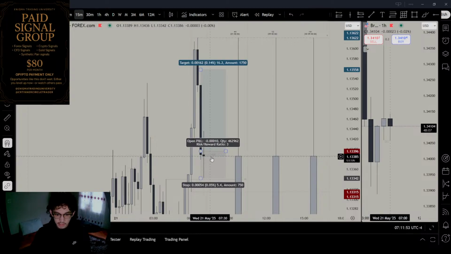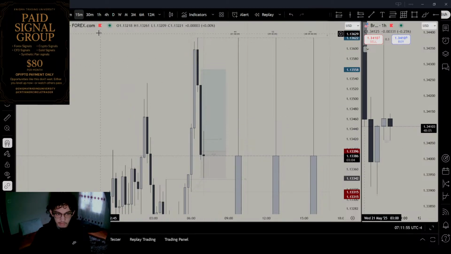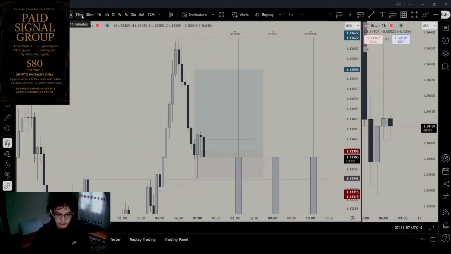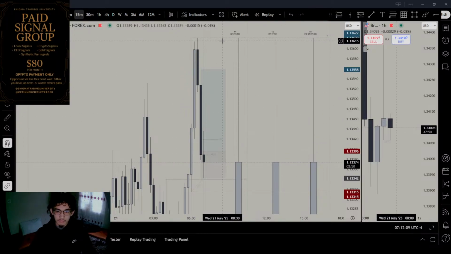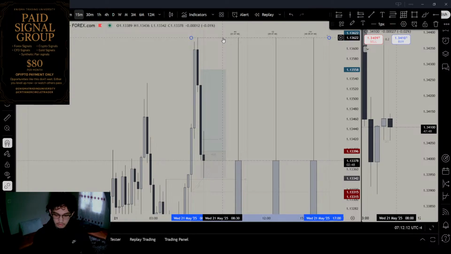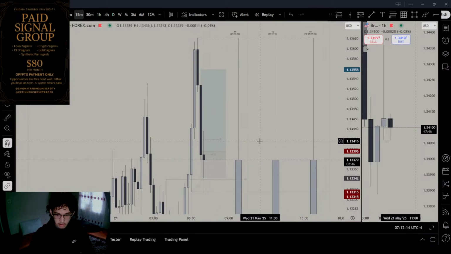But we got a 3-minute candle closure. Let's see this candle close bullish somehow here. If we could have this candle close bullish, that would be amazing.